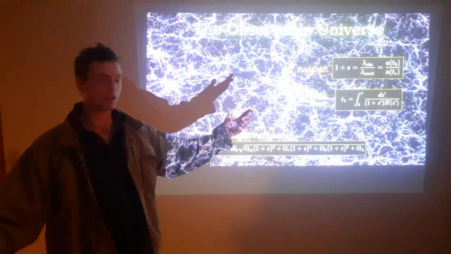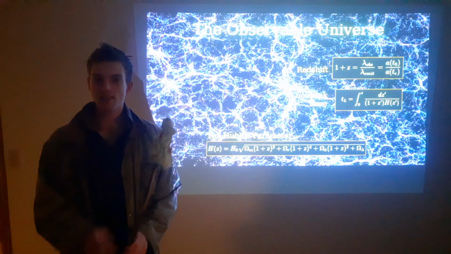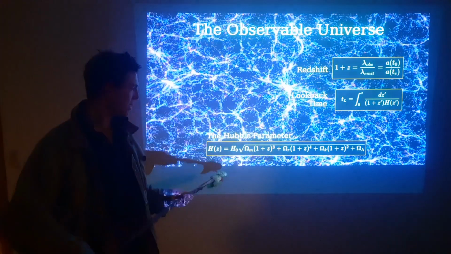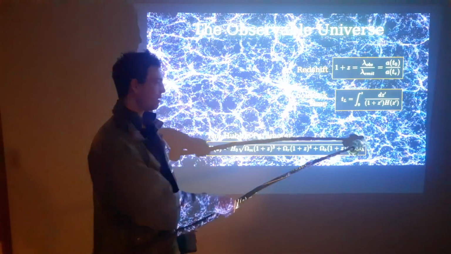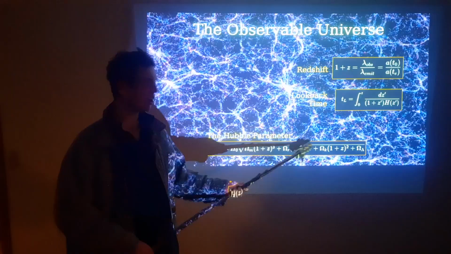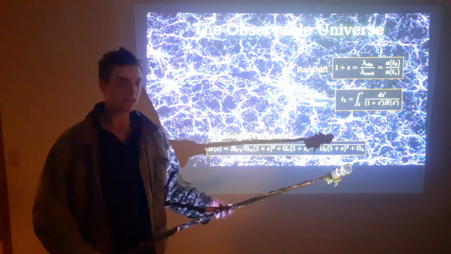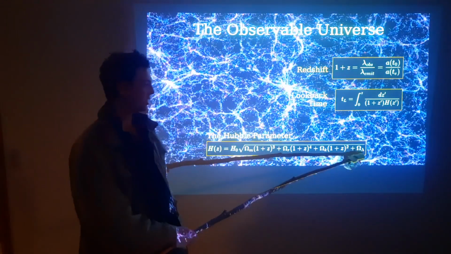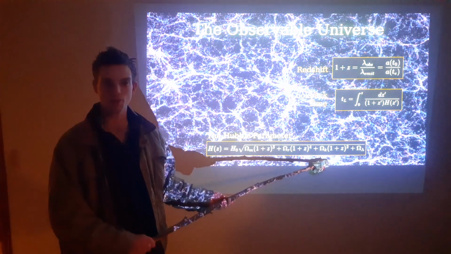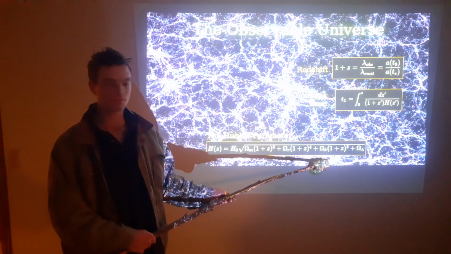Hence the Hubble parameter. We quite simply define that in terms of a measured expansion rate today, multiplied by the square root of all these redshift-dependent terms, scaled by the densities of matter, radiation, dark matter, and the curvature of the universe, respectively.